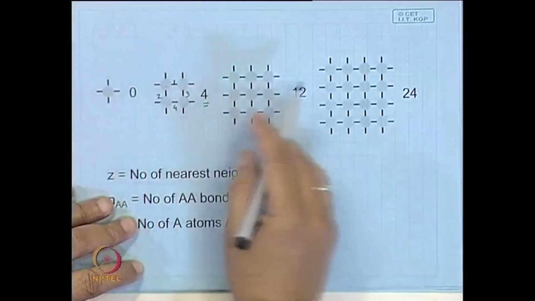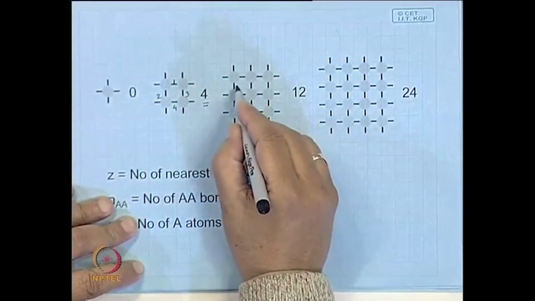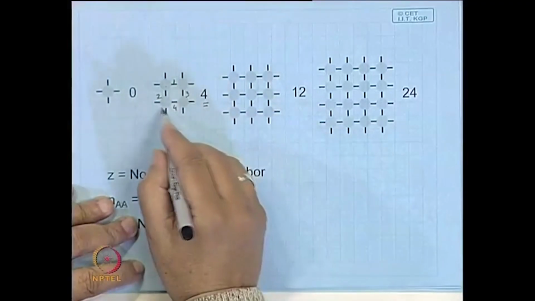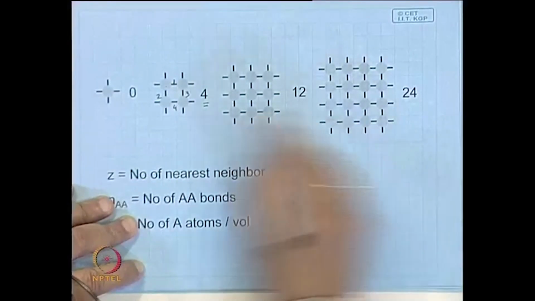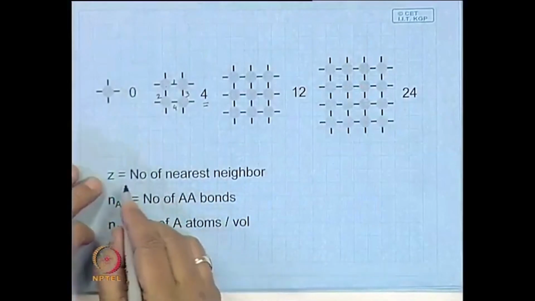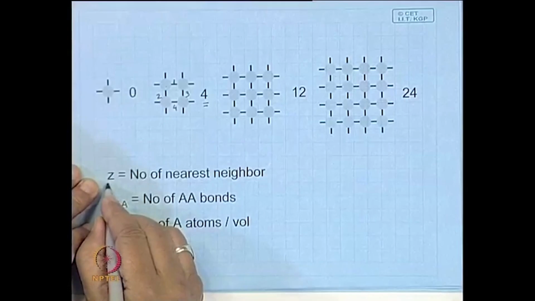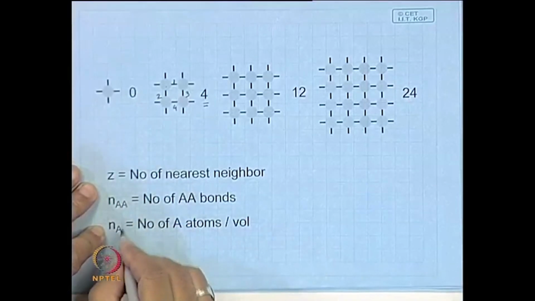But if you go on adding more and more atoms, you will find that the number of these bonds increases, and it increases much more than the bonds which are free. And if you go on adding, finally it is possible to calculate the number of bonds if you mix a certain number of A atoms.